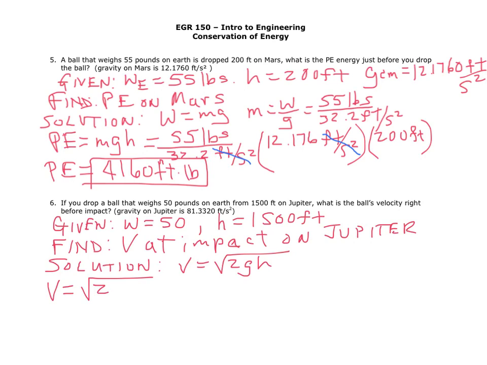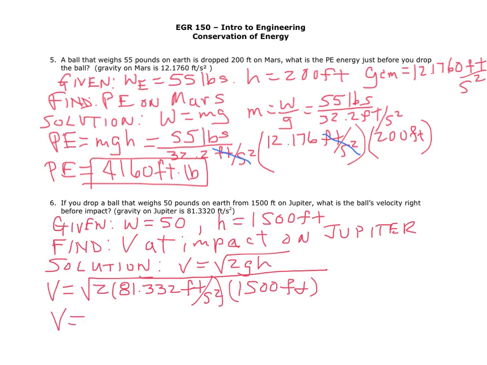Now the gravity will be that on Jupiter, which is 81.332 feet per second squared, times then the height, which is 1,500 feet. And when we do that calculation, we see that the velocity is 494 feet per second at impact on Jupiter.